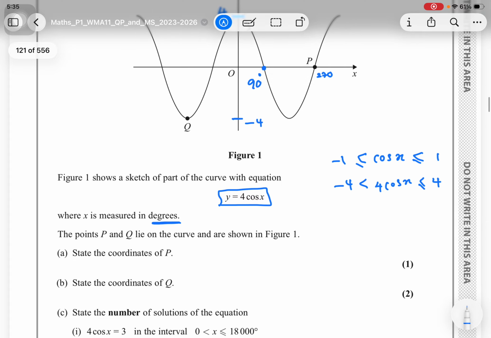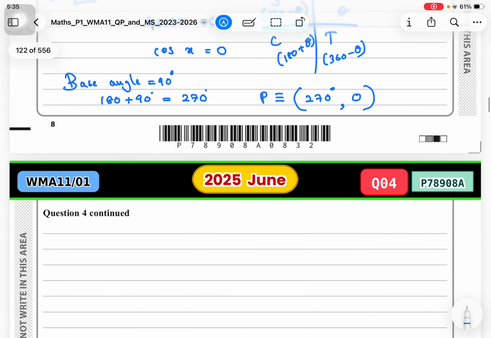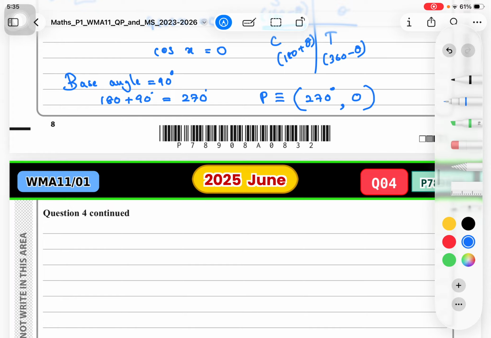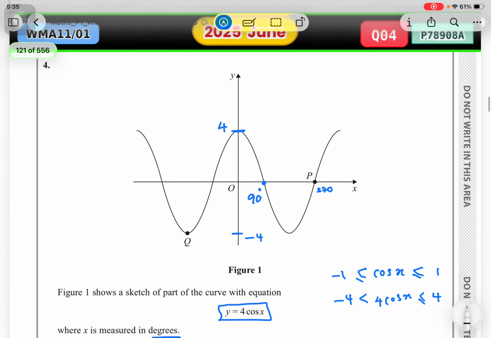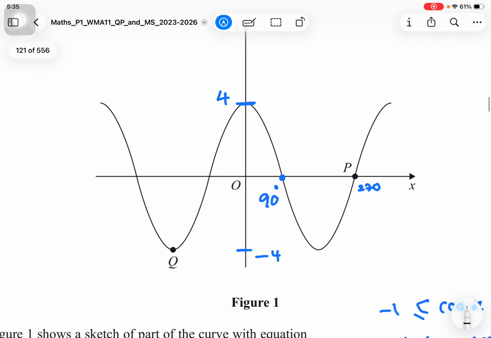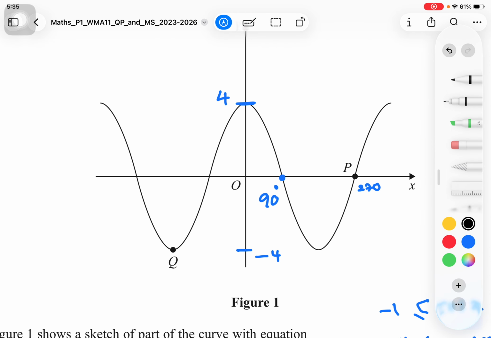Then they're asking for the coordinates of Q. Q is here, so it's -4. Now actually, before doing any calculation, since we see the whole pattern here, we can easily get the points too.